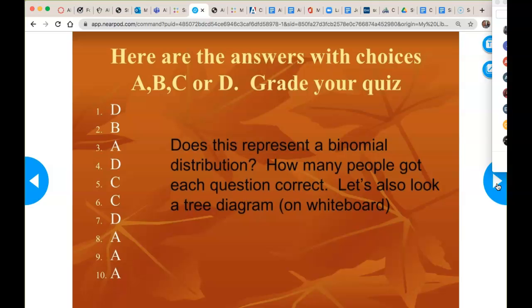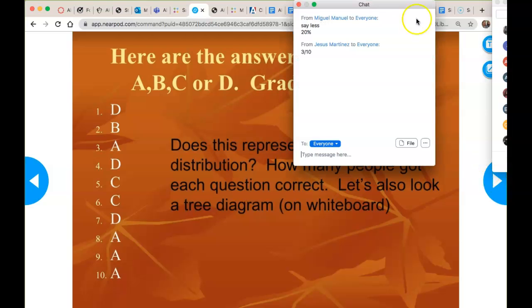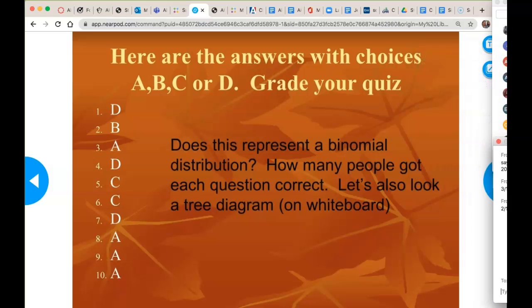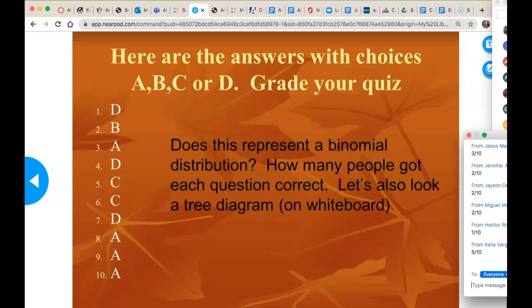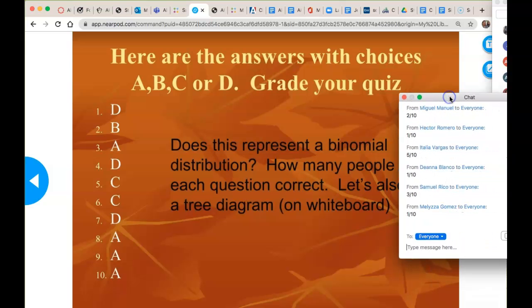I don't think anybody got a 10 out of 10. Two out of 10, 3 out of 10. Okay, you're entering in the chat box. Awesome. 2, 1, 5.